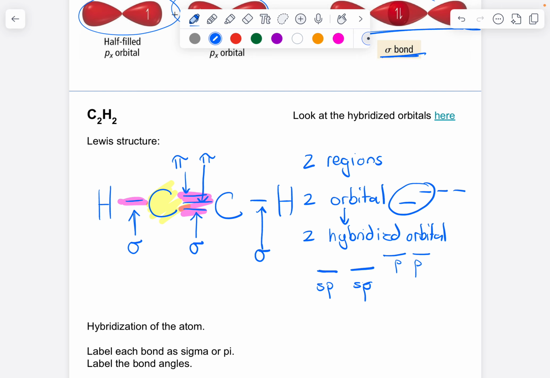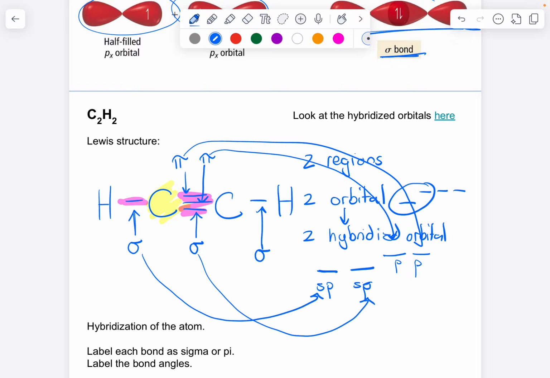Well, your sigma bonds on this yellow carbon in particular are going to come from here and here, and the pi bonds are going to come from those p orbitals. The reason I haven't talked about this one is because that's on the other carbon and we haven't looked at that. So let's just erase it for now. Okay.